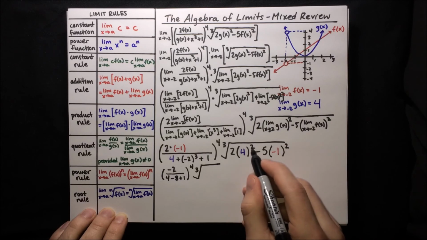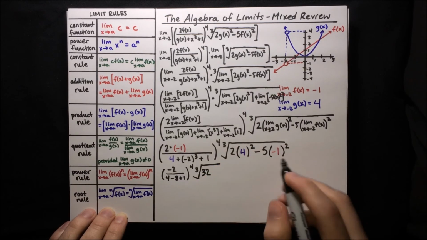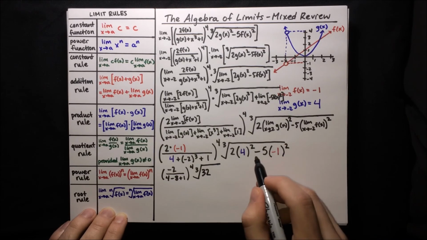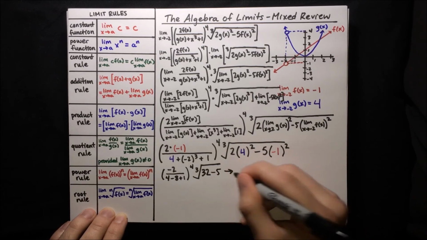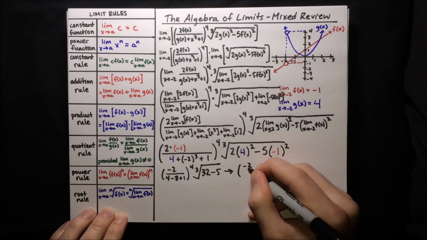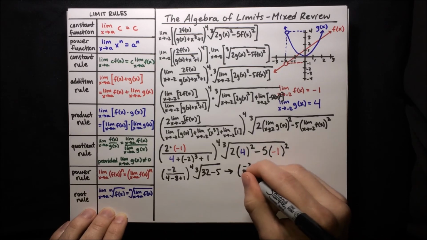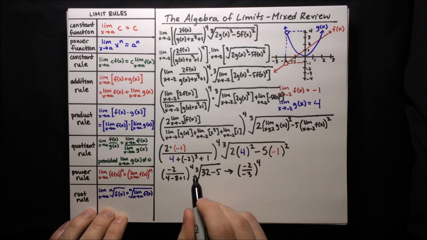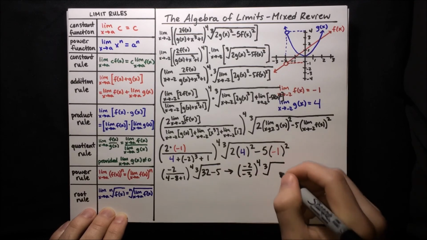Well, 4 squared is 16, and that times 2 is 32, and then minus 5 times -1 squared. -1 squared is just 1, so that's just minus 5. And that goes to -2 is still on top. 4 minus 8 is -4, and then plus 1 is -3. So -2 over -3, that's to the 4th power. And then times the cube root of 32 minus 5, that's 27.